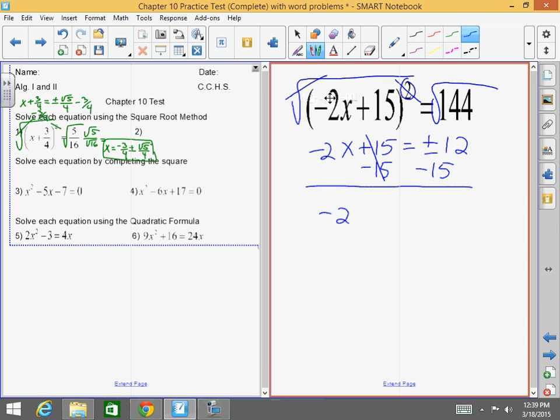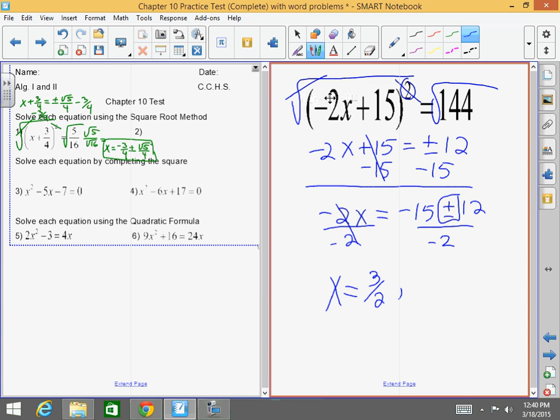My brothers, please be careful here. This is negative 15 plus or minus 12 divided by negative 2. That is not your final answer. You have 2 answers here, hence the plus or minus. So you've got negative 15 plus 12, which is negative 3 divided by negative 2, which is 3/2, comma.